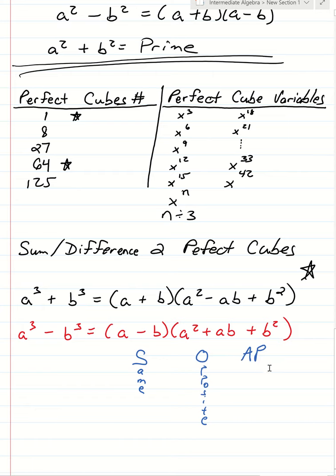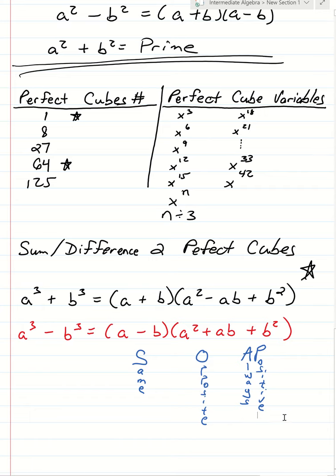AP stands for always positive. Because regardless of whether I am adding or subtracting these perfect cubes, this last sign will always be a positive sign.